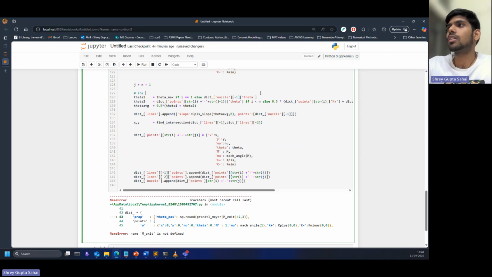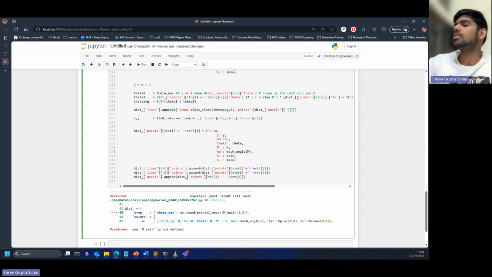The wall point is found by the last wall point and what? So let me write that. Slope of last point. And what is this?